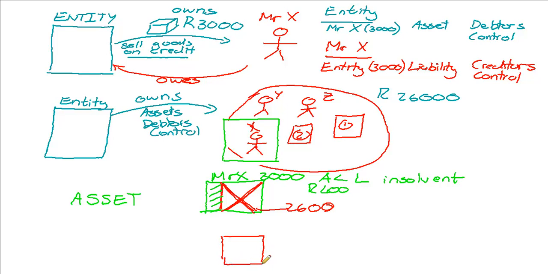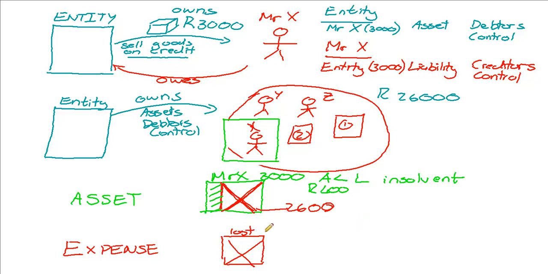We're never going to get that money. We're never going to see it. This debtor has been declared insolvent. So this money that was lost is going to be an expense in the entity's records, because there is no economic benefit that we can get from this 2,600 Rand.